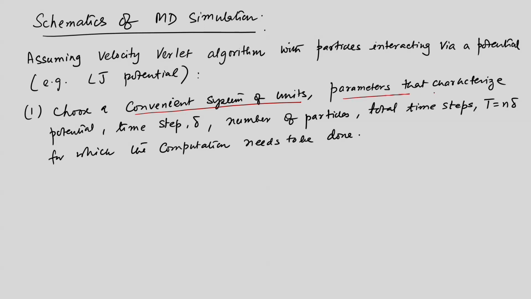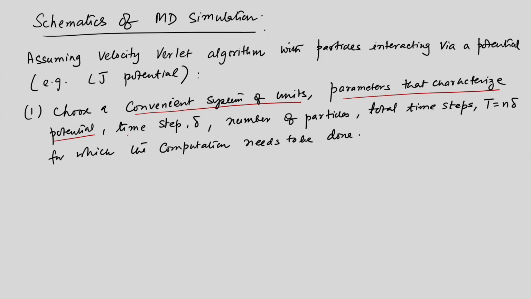The parameters that characterize the potential, we have discussed in two classes before, when we had shown that all these noble gases such as argon, krypton, xenon, etcetera, interact via these Lennard-Jones potentials. So, the 4 epsilon, which is a typical energy scale, and the sigma, which is the length scale, and so on. So, these need to be specified in the units that one chooses.